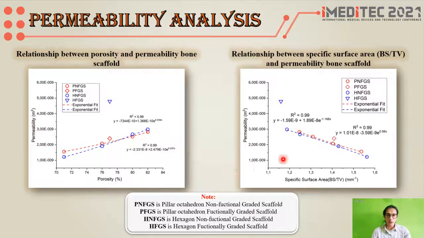On the contrary, increasing the specific surface area will decrease the permeability value, so it can be explained why the HFGS scaffold with 77% porosity has the highest permeability, because the HFGS scaffold has the smallest specific surface area.